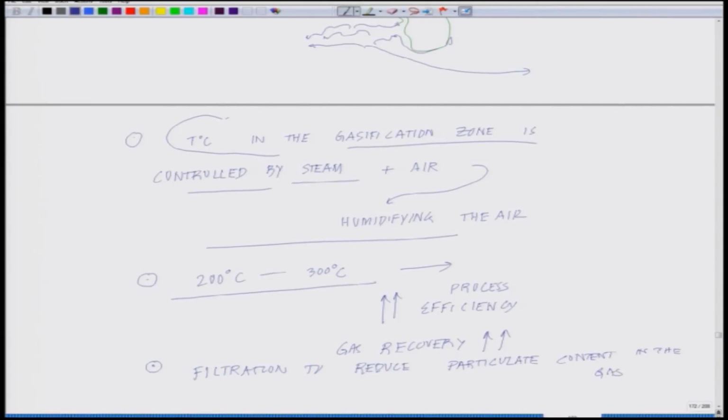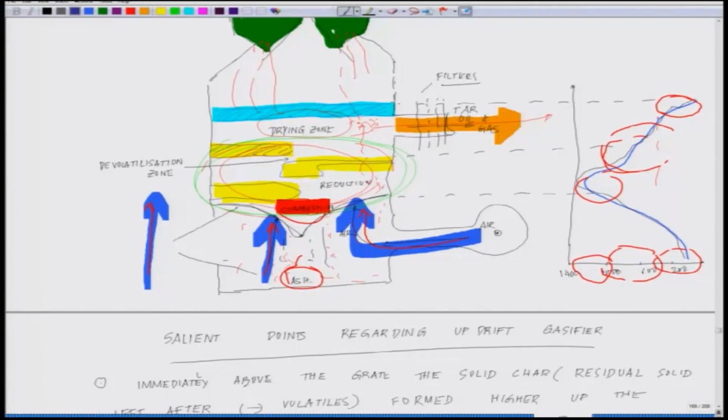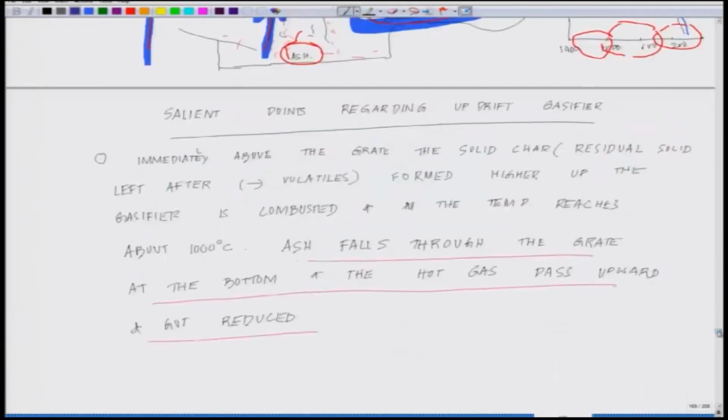This is what I am trying to tell you. Here, if you put a lot of filters, you can trap the tar, and you can trap the different particles. So, this is where you have all the different kinds of particle and tar trapping filters. Okay. So, these are the salient points of the gasifier.